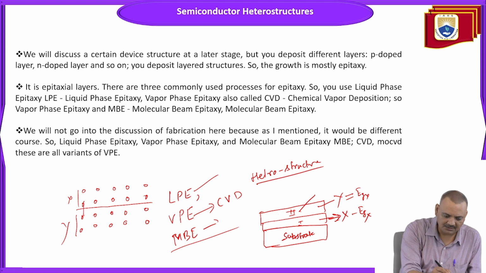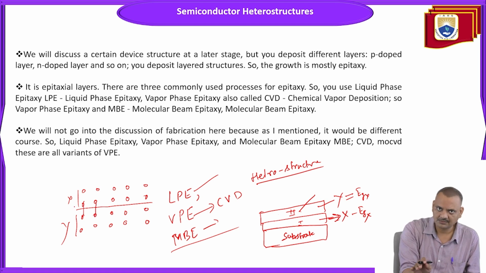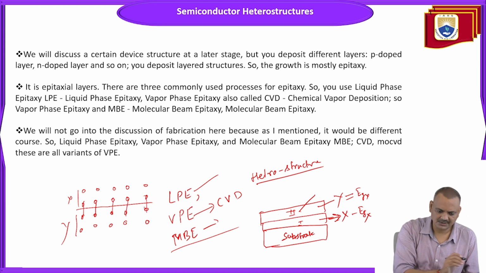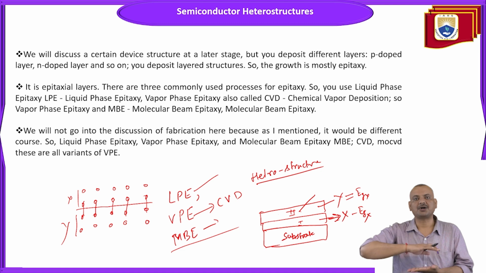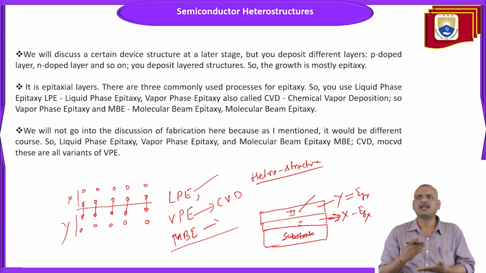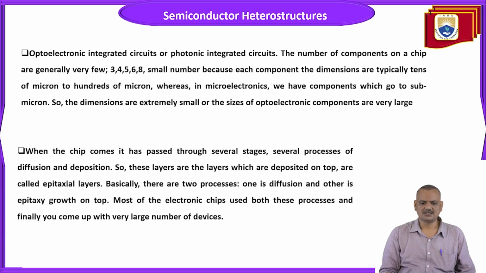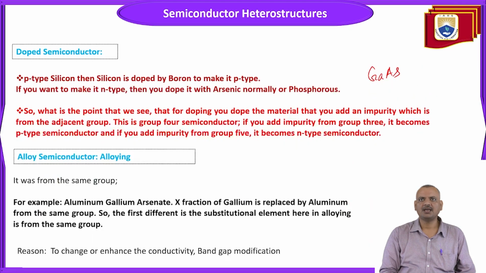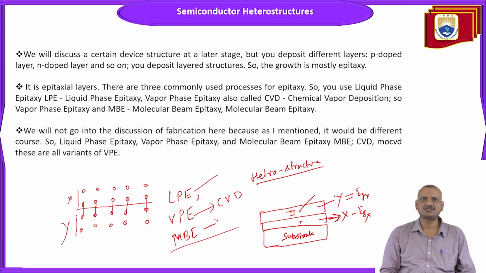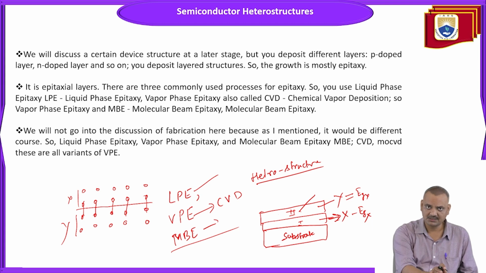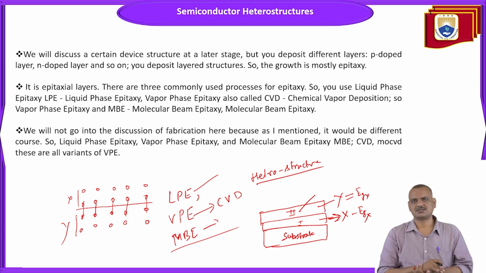Now if the bottom layer of X atoms forms bonds with Y atoms, it means the lattice is perfectly matched. So you can add some additional term, heterostructure matched layer. That is our topic here. Okay. So heterostructure matched layer. Heterostructures are there, but the layers are matched.